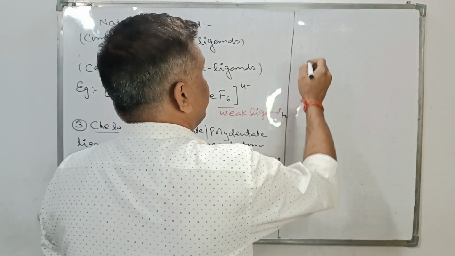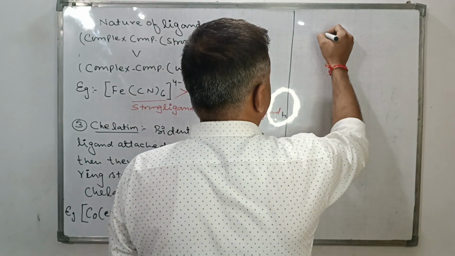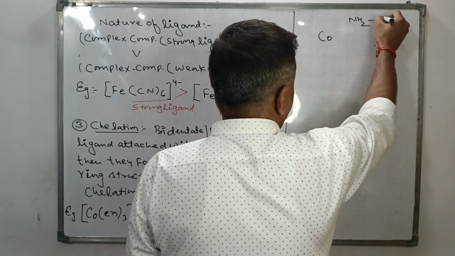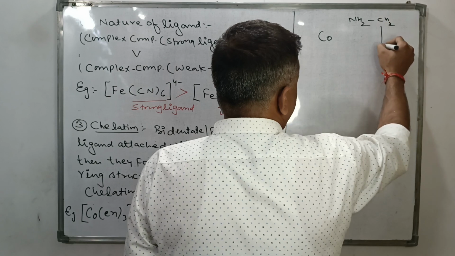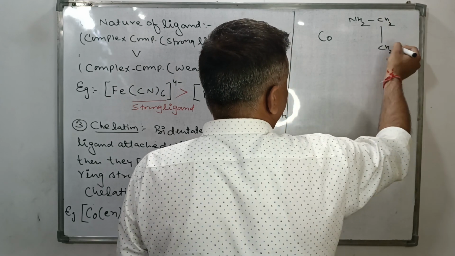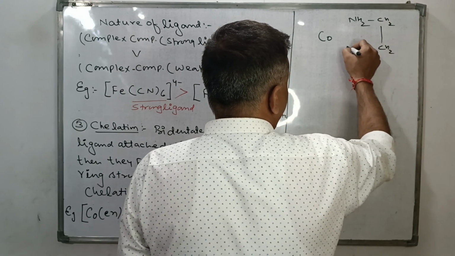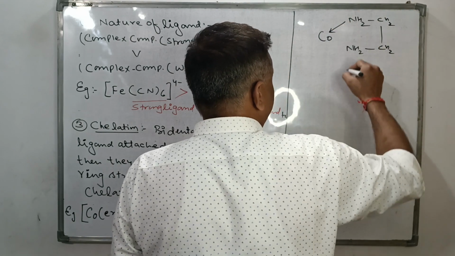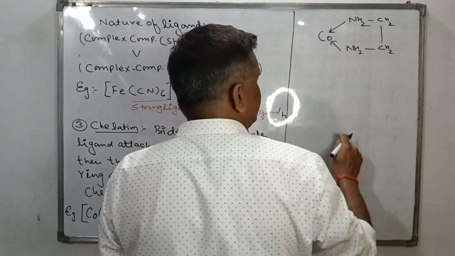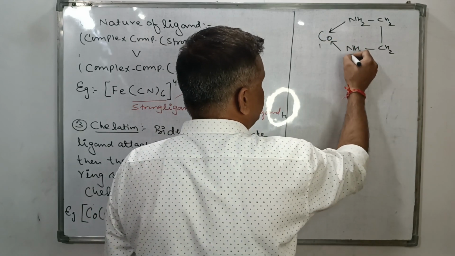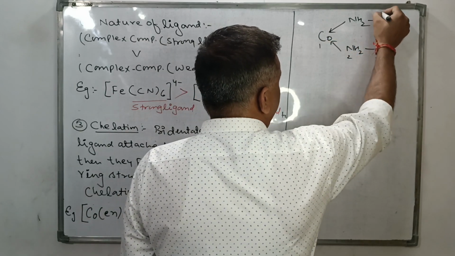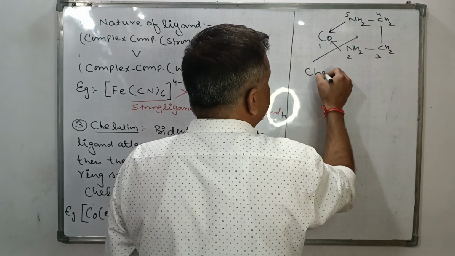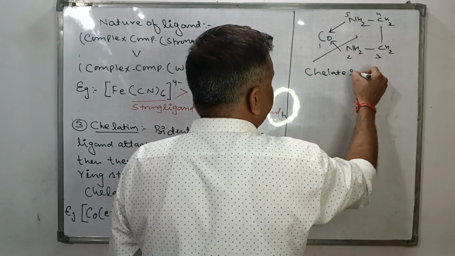So the formation of the ring is as follows. This is the cobalt and this is ethylene 1,2 diamine, or you can say ethane 1,2 diamine. Nitrogen donates the lone pair from this side also, and here is the 5 membered ring: 1, 2, 3, 4 and 5. This 5 or 6 membered ring is called a chelate ring.